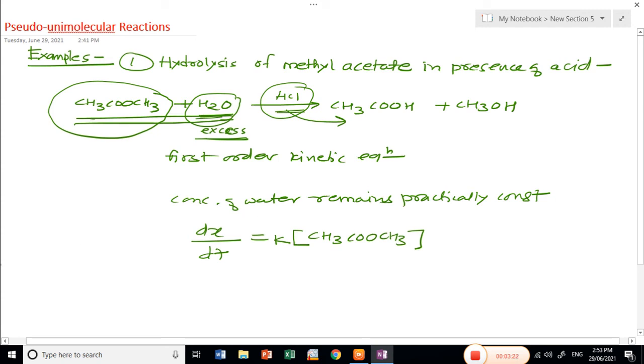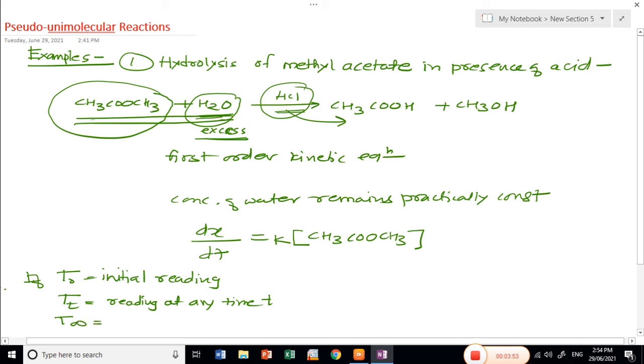Okay, now if T0 is the initial reading, then Tt is the reading at any time t, and T infinity is the final reading. Final reading is taken after 24 hours.